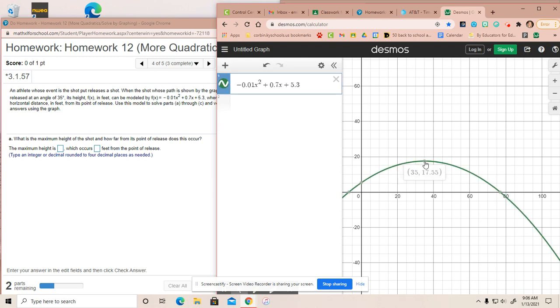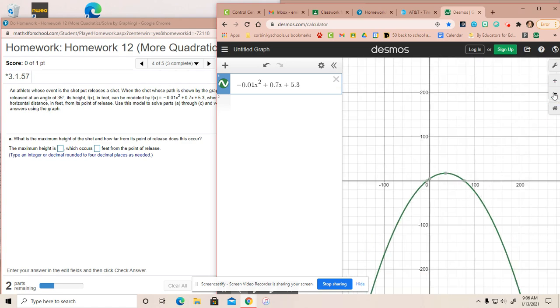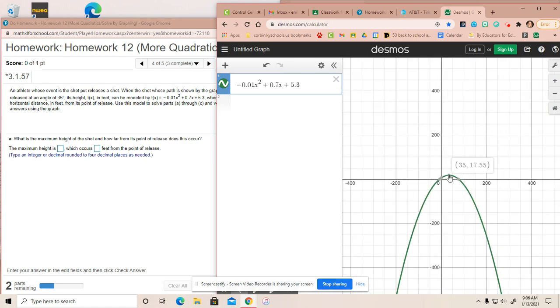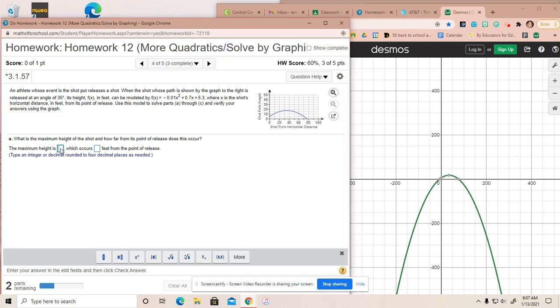Let me zoom it out a little bit more. That'll help me see. Okay, I think that it's right here, because that's giving me a good little point. So the maximum height, that's your y-coordinate, so that's 17.55.